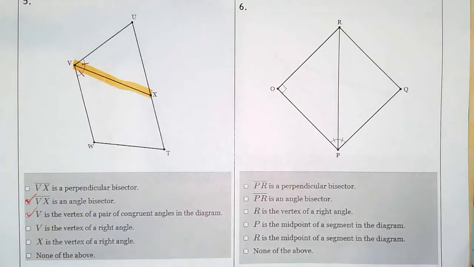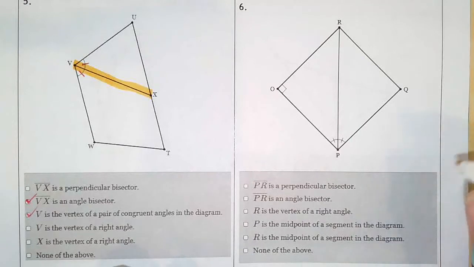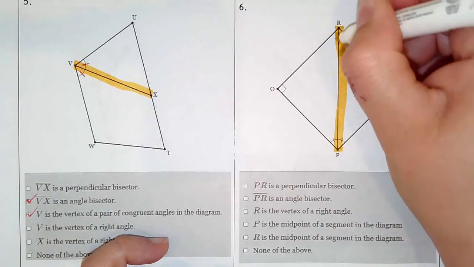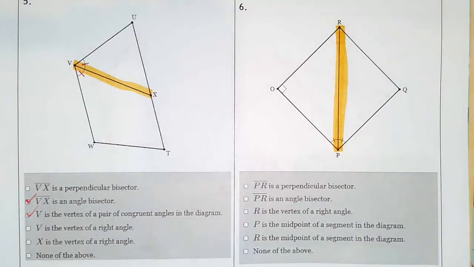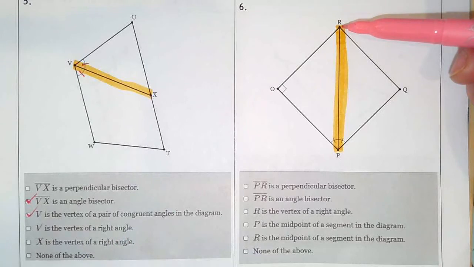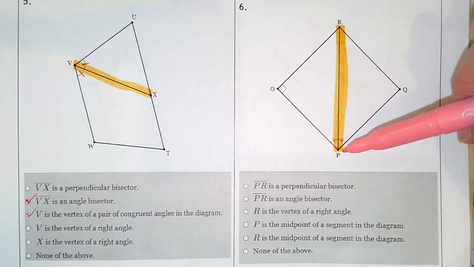All right, number 6 looks like a square to me, but again, we can't assume. We've got that PR is a perpendicular bisector. So again, if you want to pause and try this by yourself, you can. Do you see it cutting something into a 90?